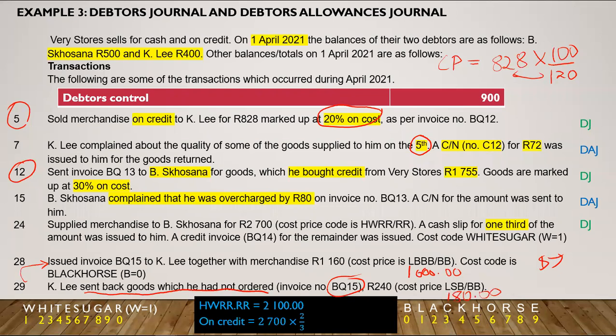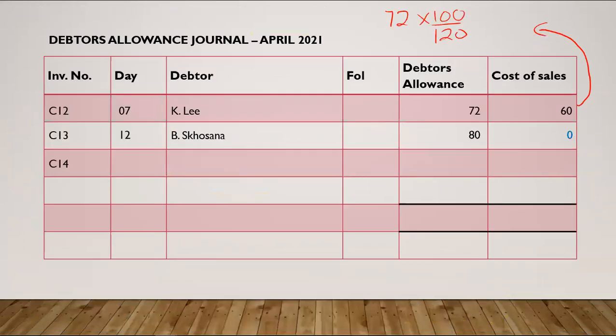These goods will be recorded in the debtors allowances journal. We will have C14, 29th, Kaylee, and under selling price we'll have 240, and the cost of sales will have 180, and just total it, cast it, and that's what you will get.